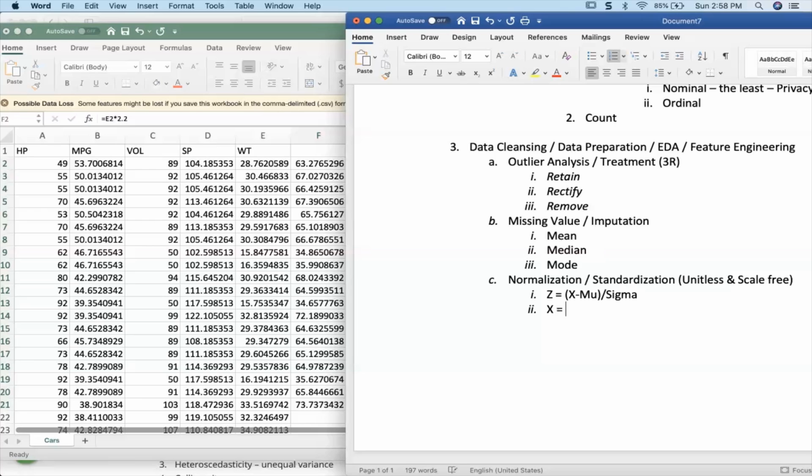How do you do that? New variable is equal to x minus minimum value of x divided by max minus min.